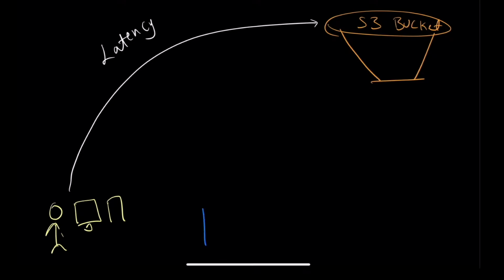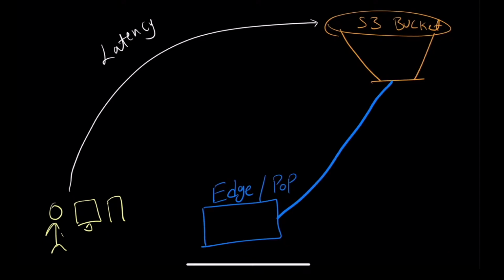But if you enable it, what happens is AWS uses its edge location or point of presence. And from the edge location to the S3 bucket, these are all private networks of AWS that AWS maintains, and these are running in terabits per second, Tbps, right?